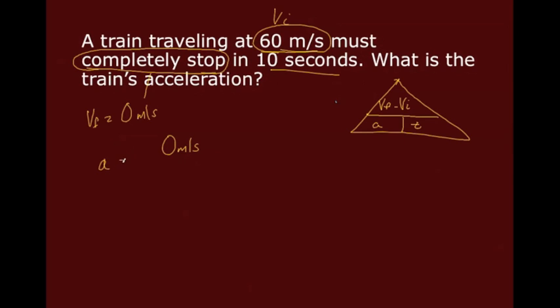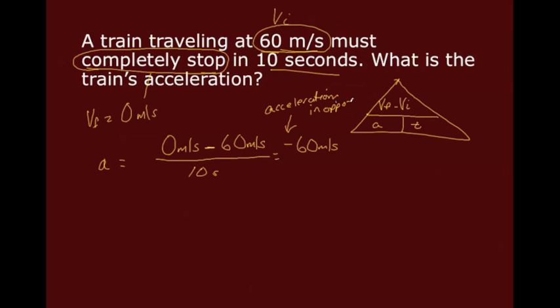So acceleration equals 0 meters per second minus 60 meters per second in 10 seconds. Okay, so we have a negative 60 meters per second because 0 minus 60 is negative 60. And remember, the negative in physics simply means that acceleration is occurring in the opposite direction.